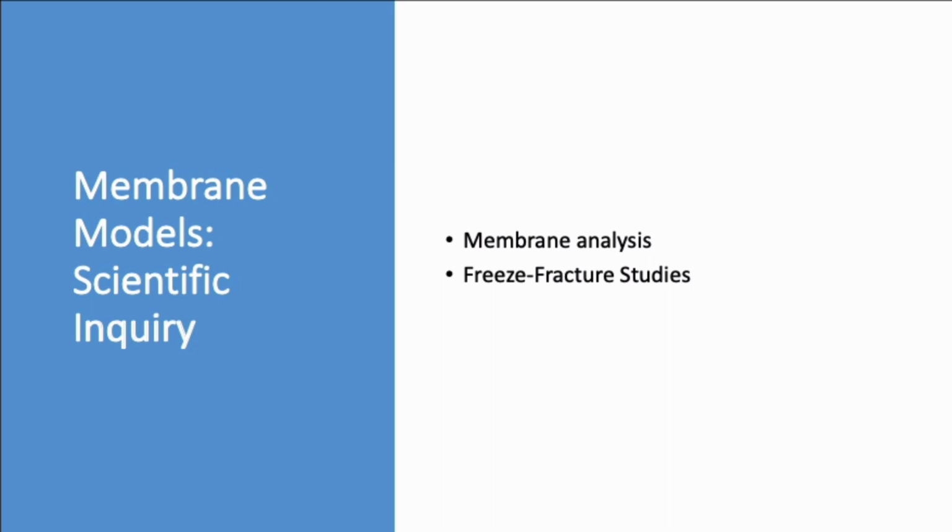So they did a freeze fracture study of the plasma membrane, and this study supported the fluid mosaic model. We'll take a look at this freeze fracture study in the next slide. This freeze fracture is a preparation technique that splits the cell membrane along the middle of the phospholipid bilayer.